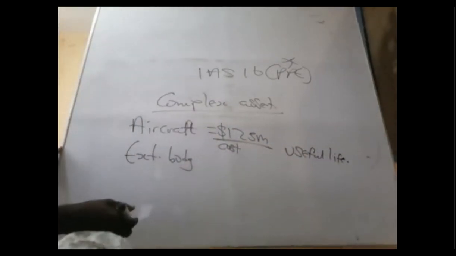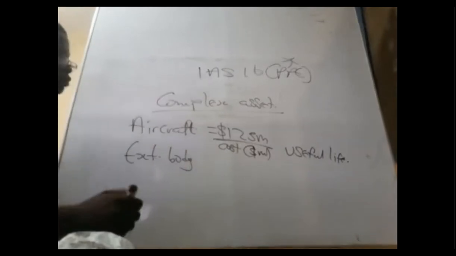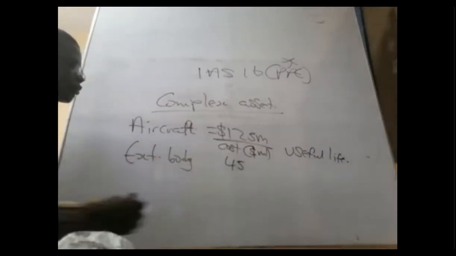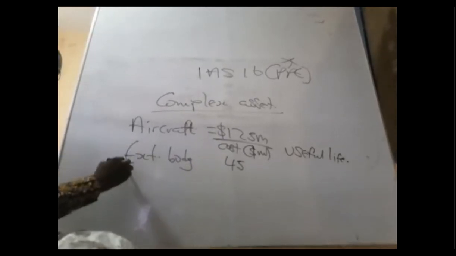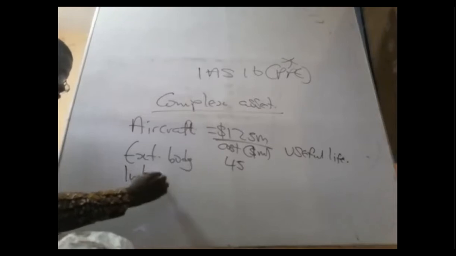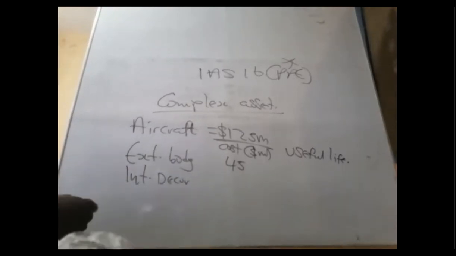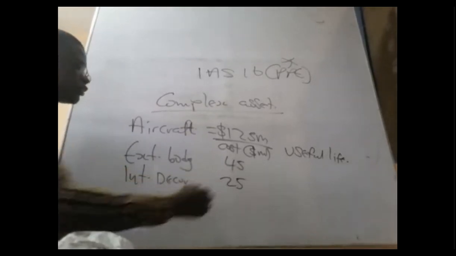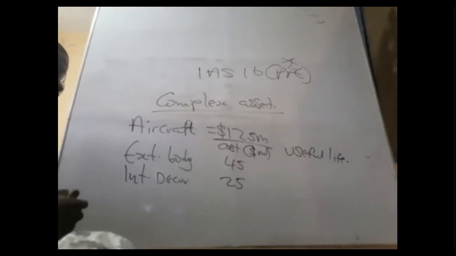The exterior body costs $45 million. Then we have the interior deco, also costing $25 million, making $70 million.